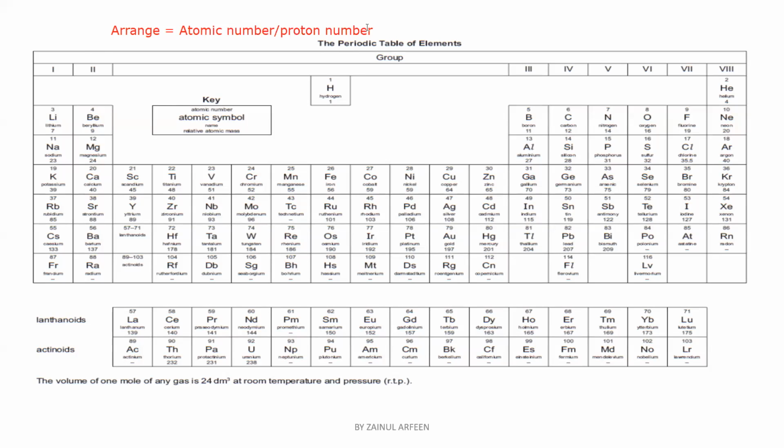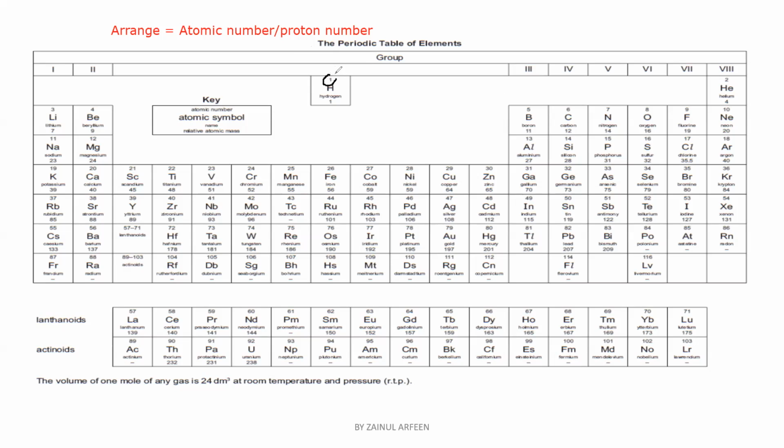The elements are arranged on the basis of proton number. The periodic table will be available; you don't have to memorize it. They will provide you the periodic table, and this is the actual periodic table from the exam. What you will see in the exam is the same periodic table. So elements are arranged on the basis of atomic number, proton number.